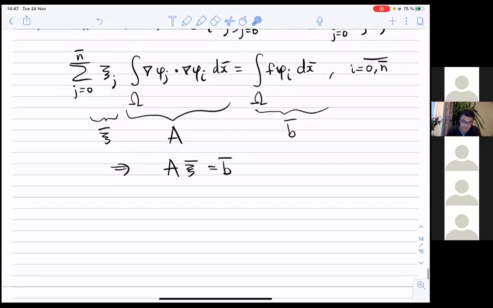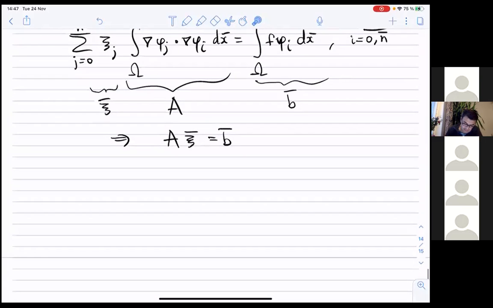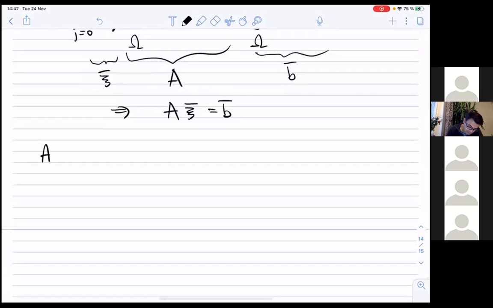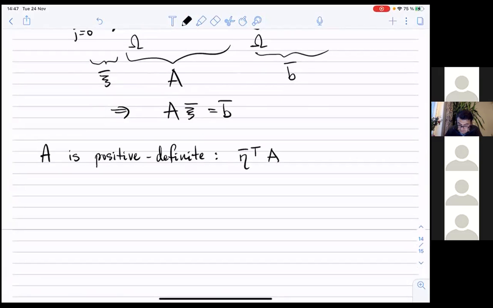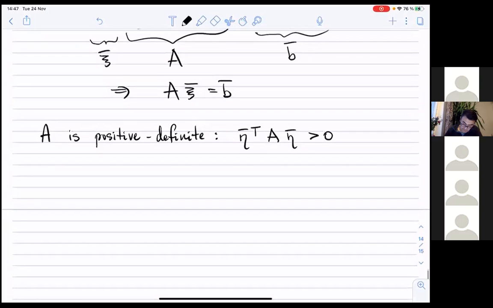If you have a Dirichlet boundary condition, in this case 0, then it's strictly positive definite. So A is positive definite. It says that for any non-zero vector eta, if you multiply by A from the left and right, this number will be bigger than 0.